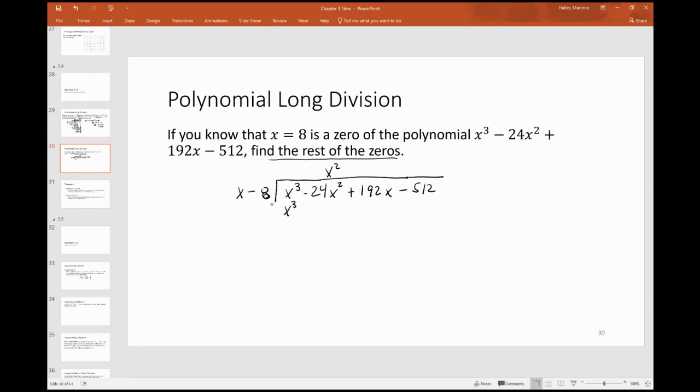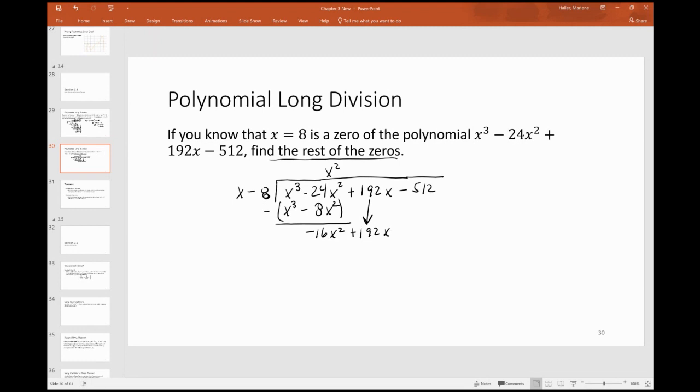We have x cubed, and -8 times x squared is minus 8x squared. Let's subtract that out. x cubed minus x cubed is of course 0. -24x squared minus -8x squared is -16x squared. Let's bring down that 192x.